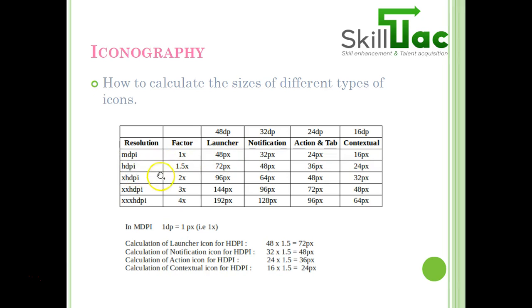For HDPI you just multiply 1.5 with your 1x factor, which is your 48 pixels, and you'll get 72 pixels here.